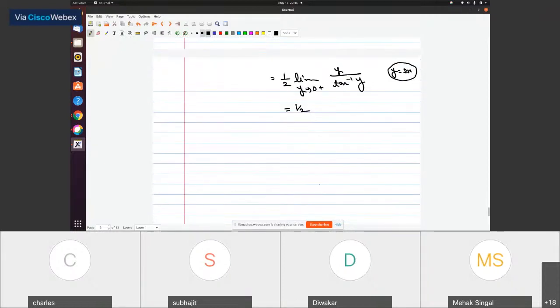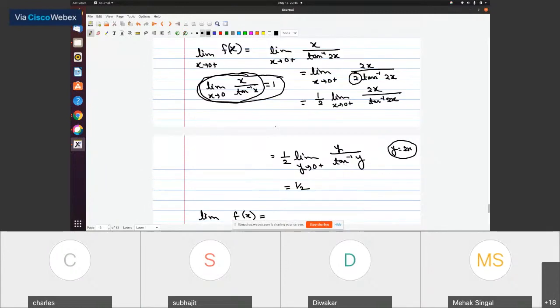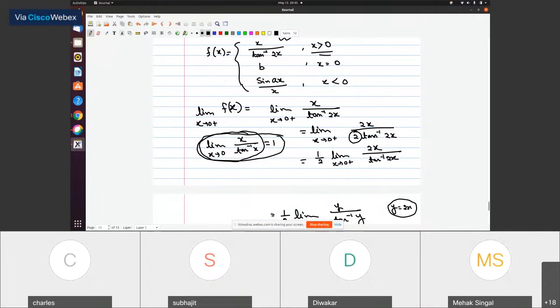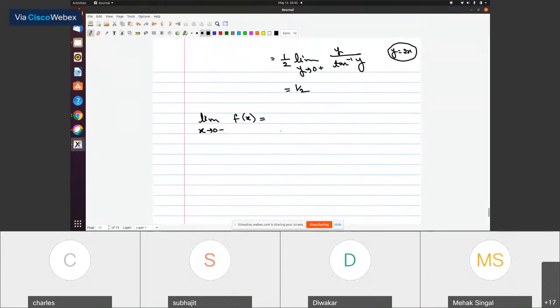Now what about the left hand limit? x tending to 0 minus f(x). It is sine ax by x, for when x is negative, right? So limit x tending to 0 minus sine ax by x. Now you know that limit x tending to 0 sine x by x is 1, right?